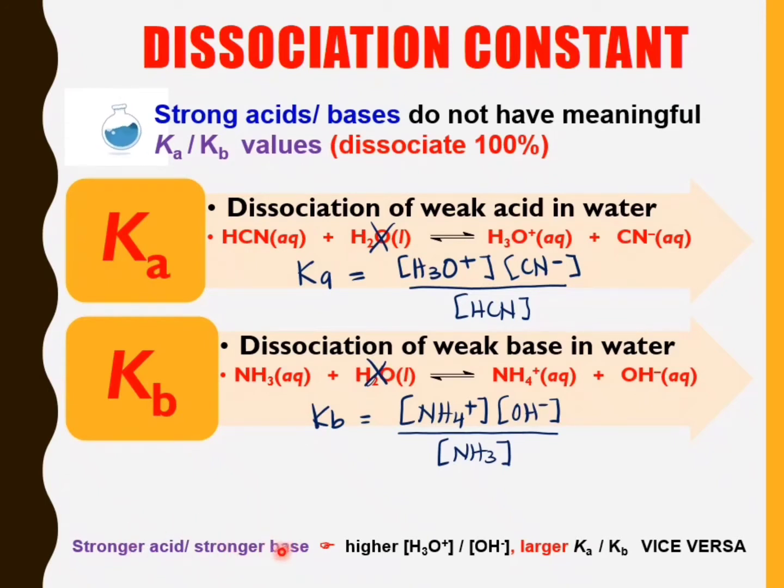Stronger base, concentration OH minus will increase and the value of Kb larger, or vice versa lah. So ini adalah basic concept in acid and base. So kalau lagi banyak concentration H3O plus, lagi tinggi lah kekuatan acid tu. Kalau lagi banyak concentration OH minus, lagi kuat lah suatu base tu. Okay, boleh?